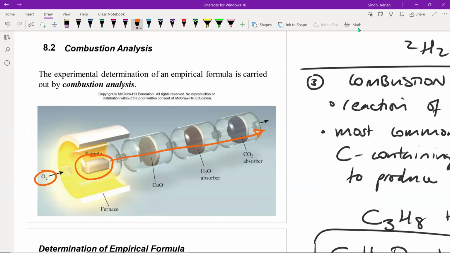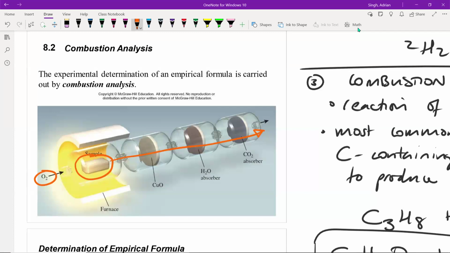For example, let's say it's a carbon containing compound. We burn it in some oxygen, we get CO2 and we get H2O, and along the way, where those gases are exiting our reaction chamber or our furnace, we can now trap those products.